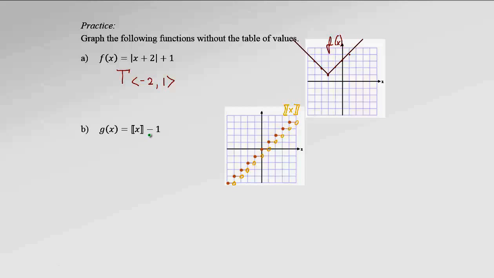Now what we need to do is translate this basic shape of the greatest integer function by the vector 0 horizontally and 1 down vertically. So each point will be moved 1 down. So this point, for example, will be here, an entire segment. That point over here, and so on and so forth.